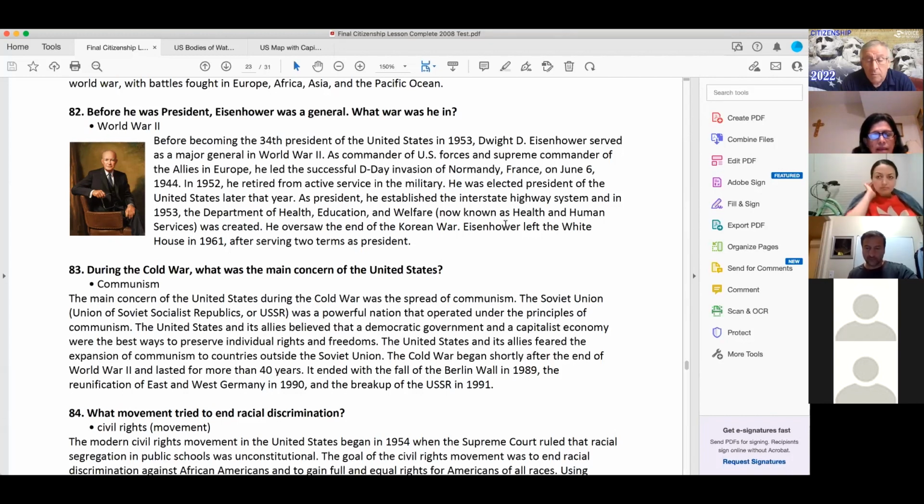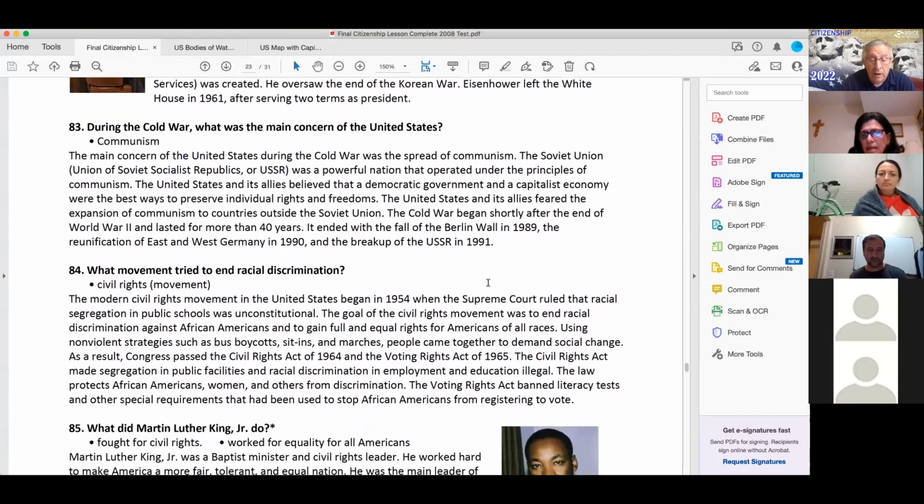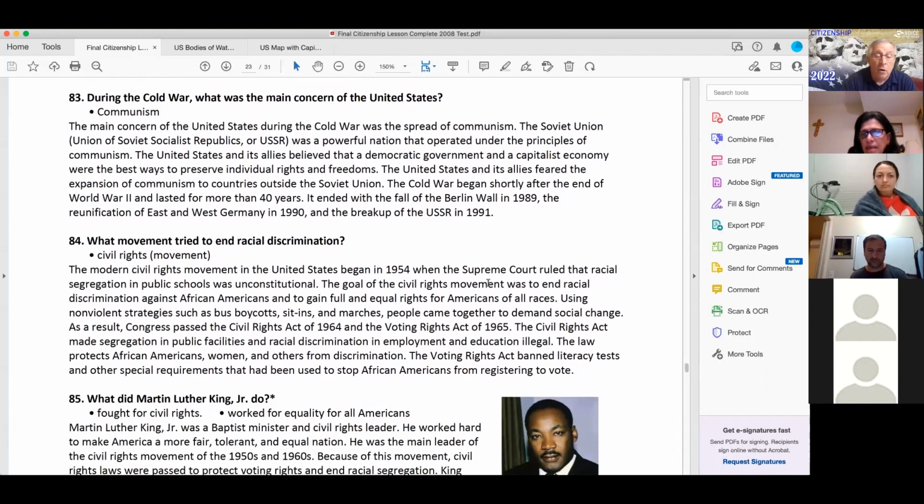It was wrong, but that's the way the country was at the time. And even though they were freed as slaves in the Civil War, which was 100 years before, people still discriminated or still treated them poorly, like they were not equal citizens. That was wrong. And so there was a movement called the Civil Rights Movement to earn equality for those who had been treated in a discriminating way.